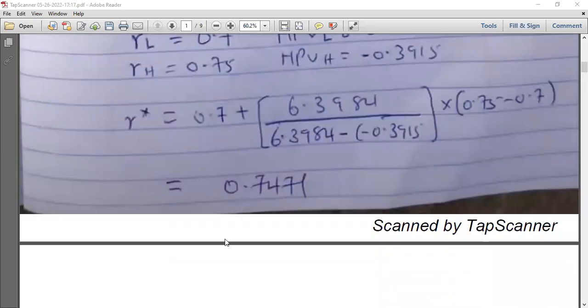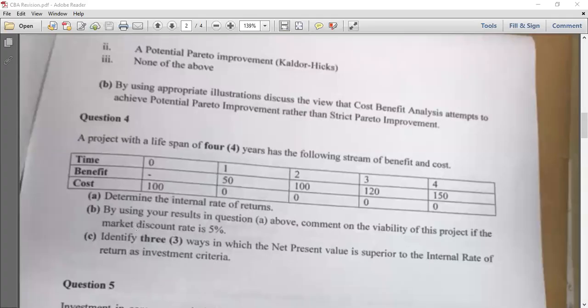All right, then let's look at the B part of the question. Now they are saying that, assuming the market interest rate, or the discount rate, is 5%, we are to comment on the viability of the project.